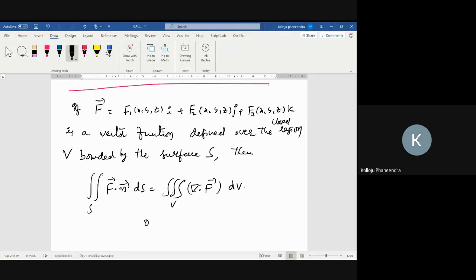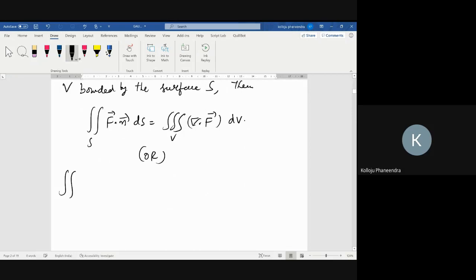Or the other structure is: f1 means the ith component, then write its quotient as dy dz plus. F2 is the jth component, write its quotient as dx dz plus. F3 is the kth component, write its quotient as dx dy.